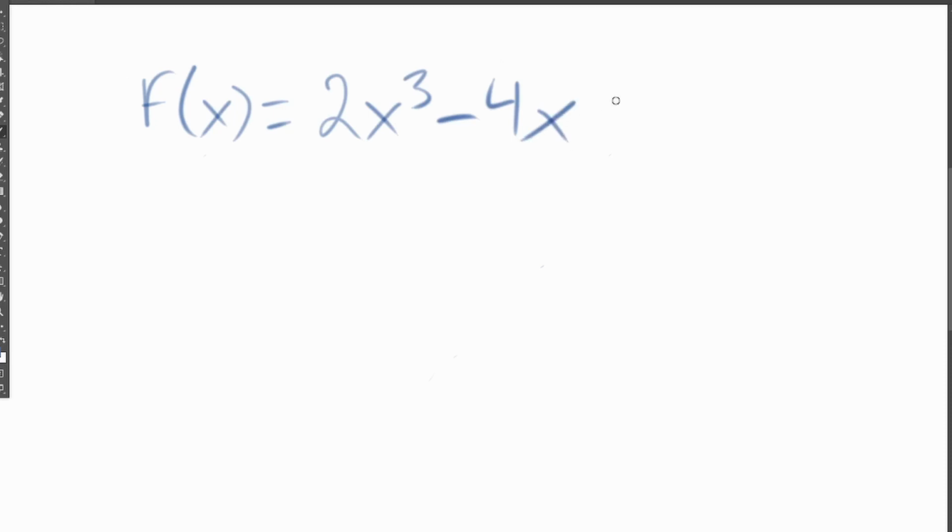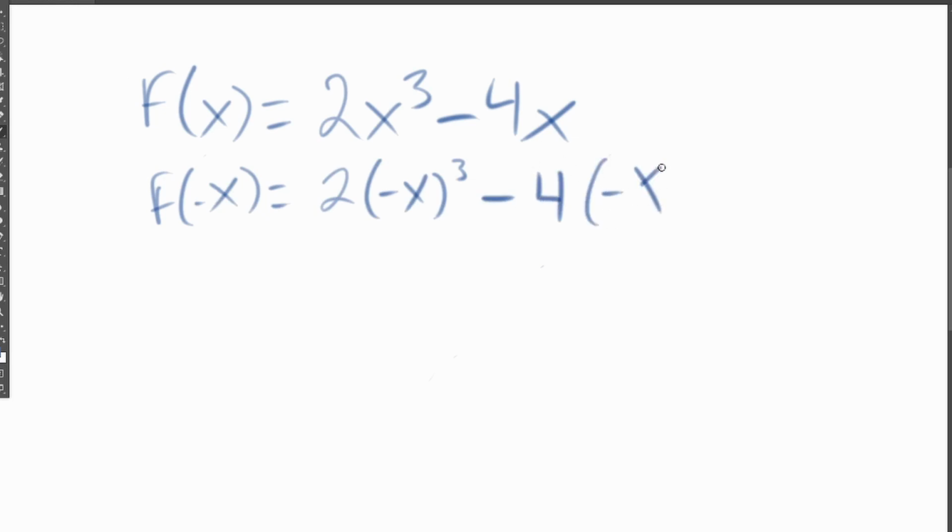Okay, and we'll do one more here. f of x equals 2x to the third minus 4x. So replace the x's with a negative x, and we'll get 2 times negative x cubed minus 4 times negative x. And simplified, this would give us a negative 2x cubed and a positive 4x.